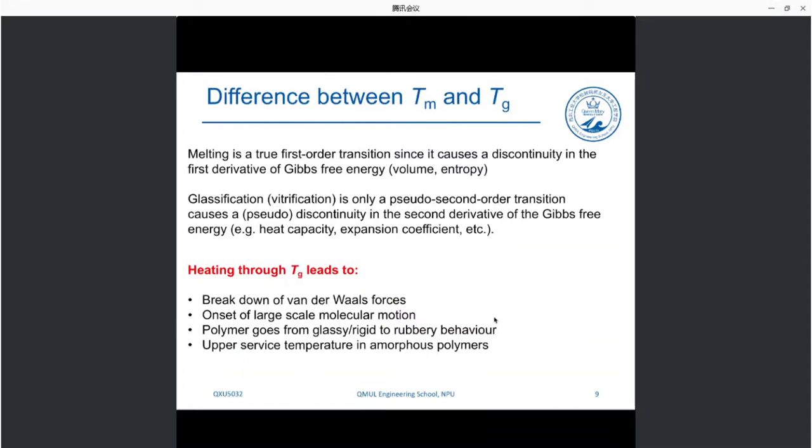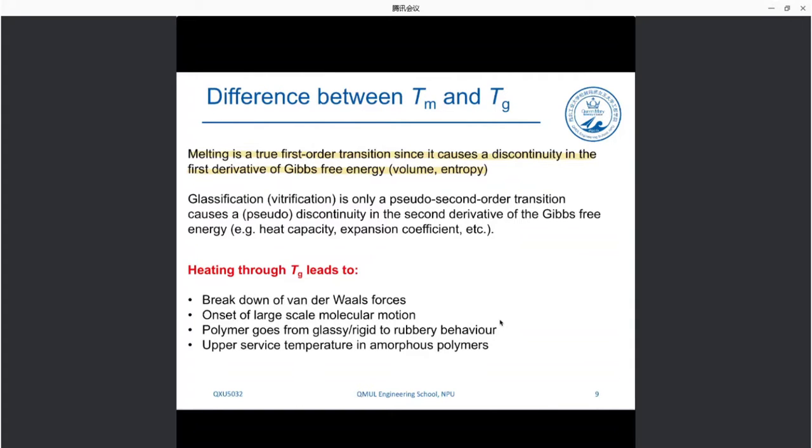From here I'll just introduce what is the difference between the melting point and the glass transition. We said that melting is a first order transition. It has a discontinuity in the first derivative of Gibbs free energy. Okay, Gibbs free energy has to do with polymer thermodynamics. We will explain more later.